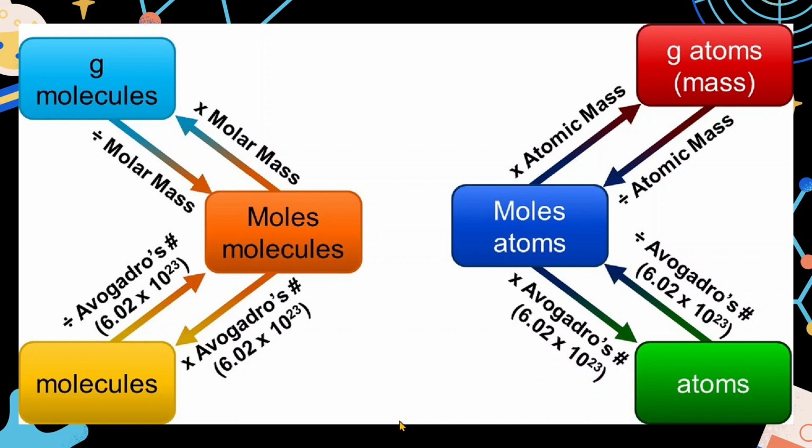On the right side of this picture, if you want to convert moles of atoms into grams of atoms, we simply multiply by its atomic mass. Or if you want to convert it back from mass of atoms into moles of atoms, we need to divide by its atomic mass. Remember, when we deal with atoms and molecules, Avogadro's number is the basis for conversion.